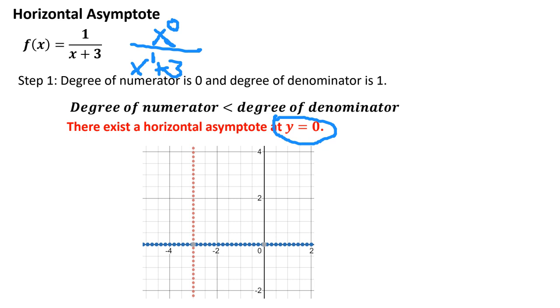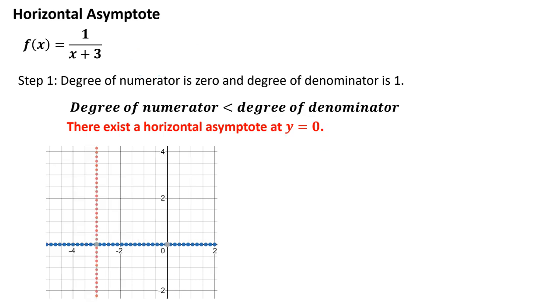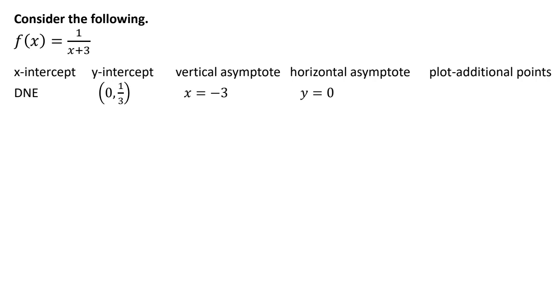So now I have my asymptotes. I know that this graph is not crossing the x-axis, but I do know that it has a y-intercept at 1/3. And we want to plot additional points to get a better graph of this rational function.